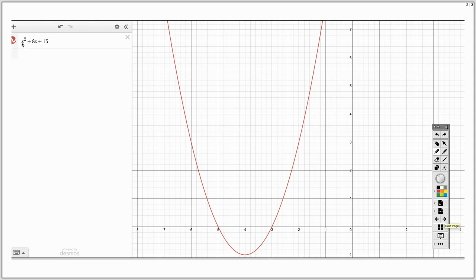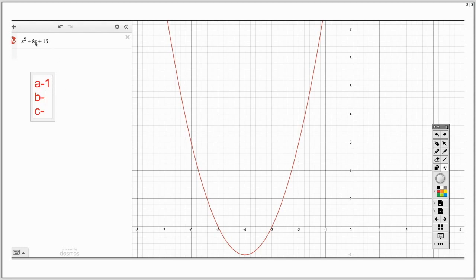Here I put into a graphing calculator this function right here: x to the power 2 plus 8x plus 15. Before we begin finding the roots and vertex, let's take the time to write the a, the b, and the c. We can see that a would be 1. There is nothing in front of the x to the power of 2, which means, as I said in many of my videos, an imaginary 1.